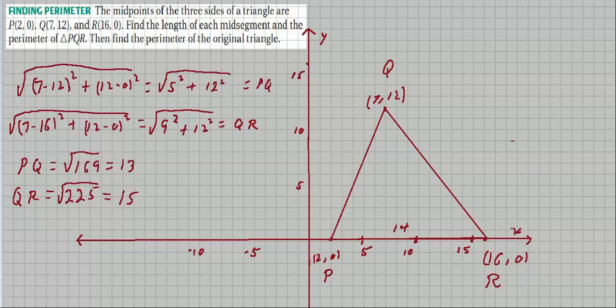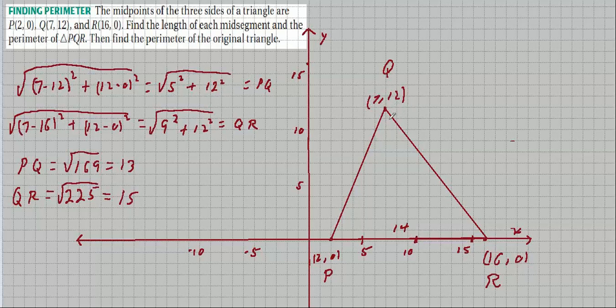Okay, using our distance formula, we can find the distance from P to Q and R to Q, which would be the length of the sides. So we just plug that in here. We could just take this point as P2 and we get (7 minus 12) squared plus (12 minus 0) squared. And that's PQ.